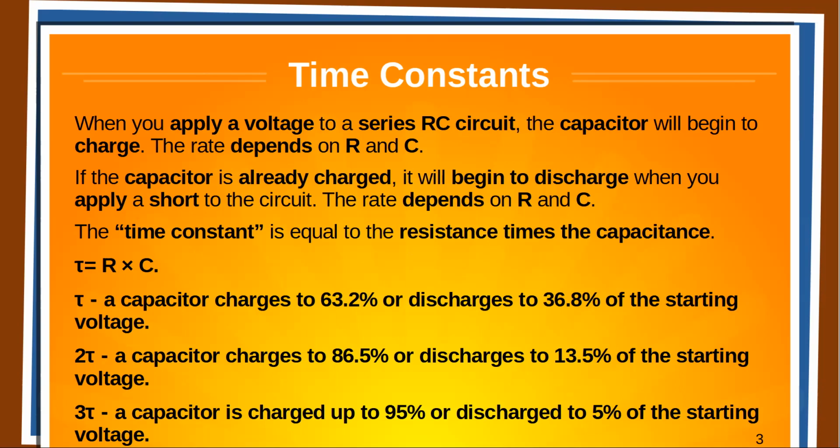After 3 time constants, you're effectively charged up or effectively discharged. One time constant is the product of resistance times capacitance, and it charges up 63.2% or discharges 36.8%.